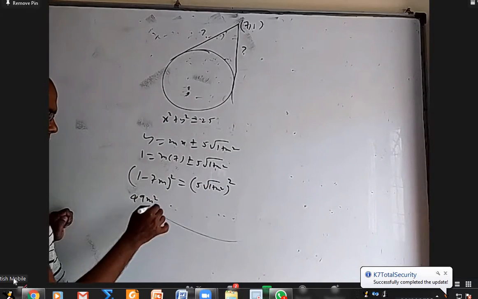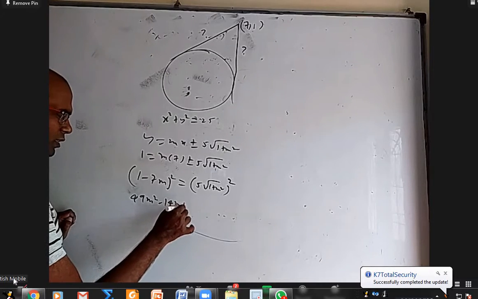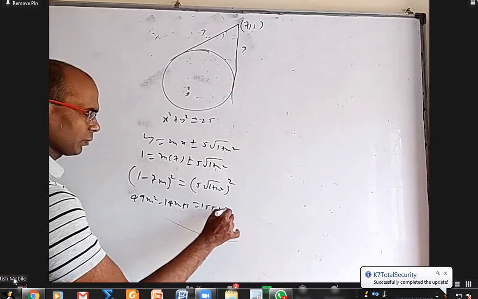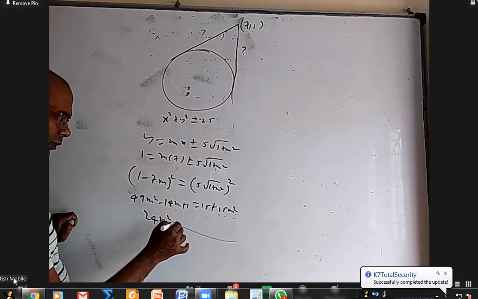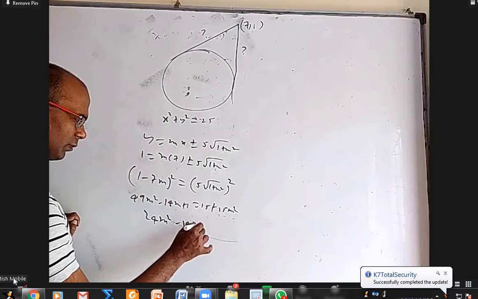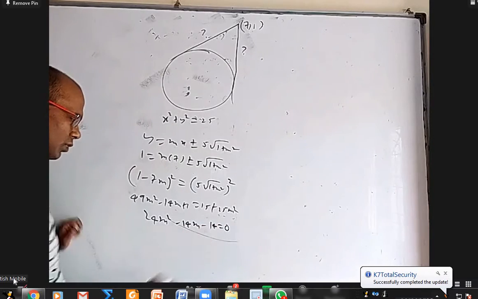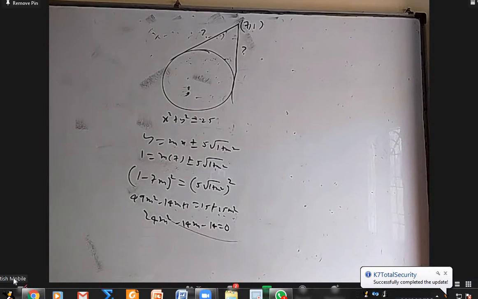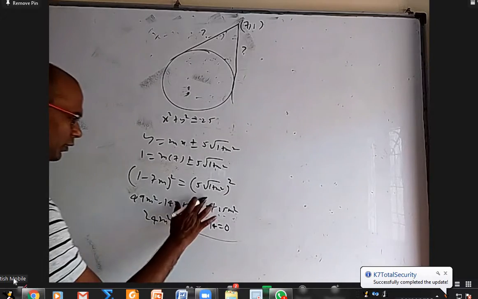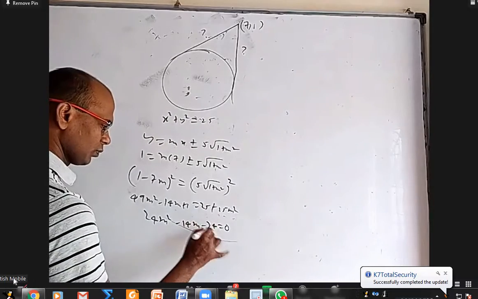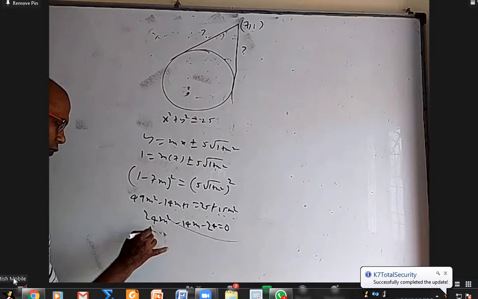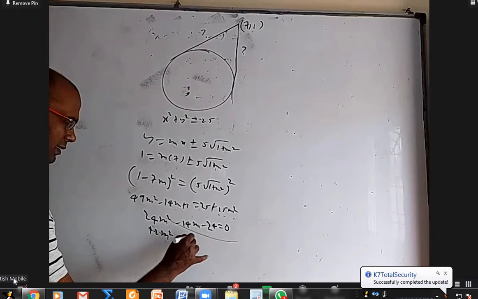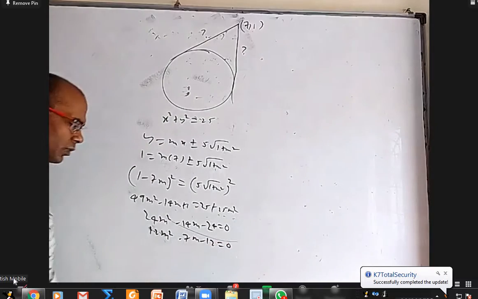49m square minus 14m plus 1 equal to 25 plus 25m square. That is 24m square minus 14m minus 24 equal to 0. Is it right? This is 25, so minus 24 equal to 0. I can divide by 2. 12m square minus 7m minus 12 equal to 0.